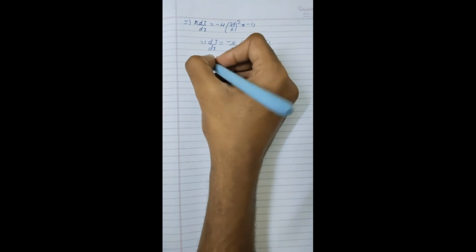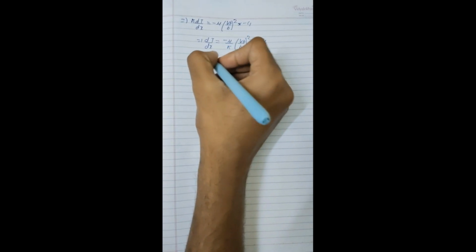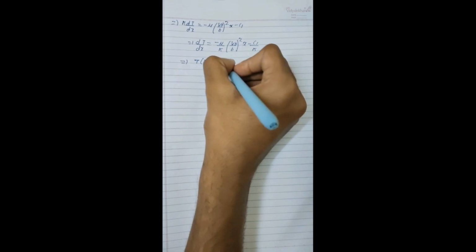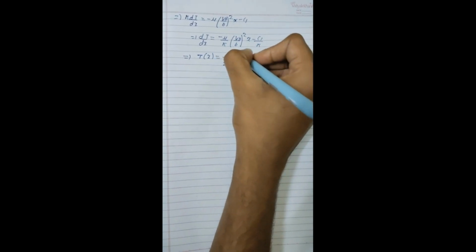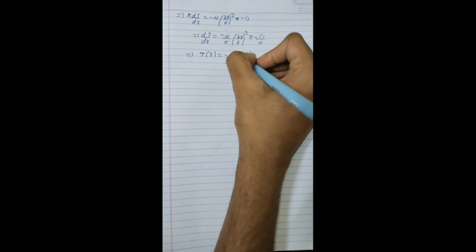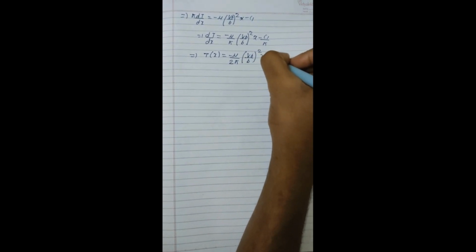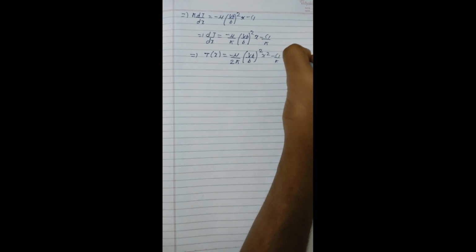Now if we were to integrate this, we will get a temperature profile. Tx is equal to minus mu, obviously this is going to be 2k, Vb upon b square x square minus C1 upon k into x plus C2.